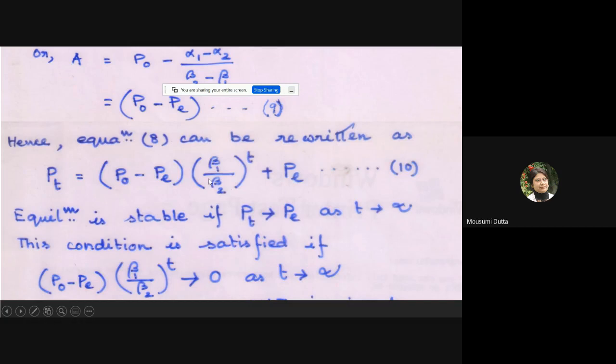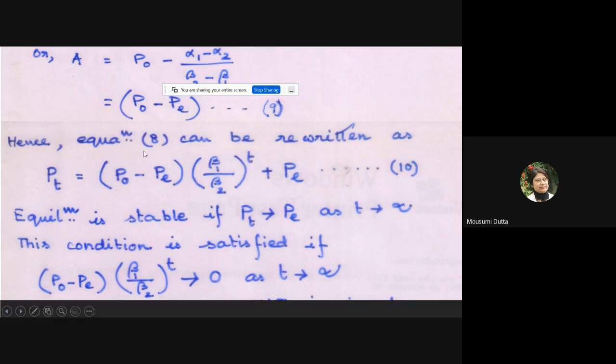Now, if beta 1 by beta 2, or this ratio, is negative, what I am telling is that for even and odd power, you will get positive and negative values. For even power, you will get positive value. For the odd power, you will get negative value.